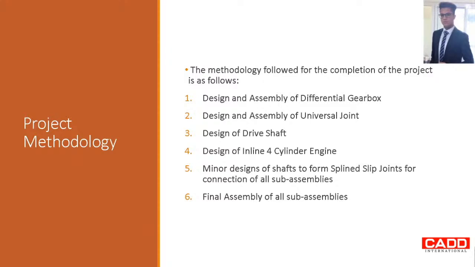After which we modify the shafts between each of these sub-assemblies in order to form spline slip joints so that all these sub-assemblies can be connected together, which finally ends up with the assembly of all the sub-assemblies in order to generate the project.